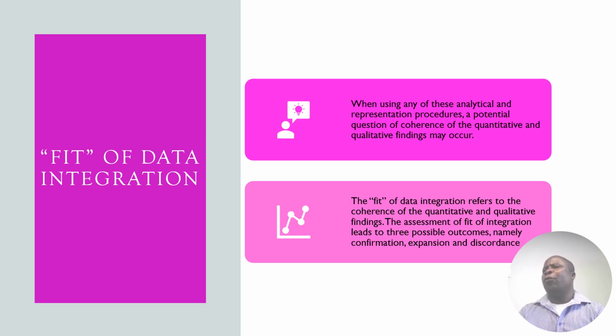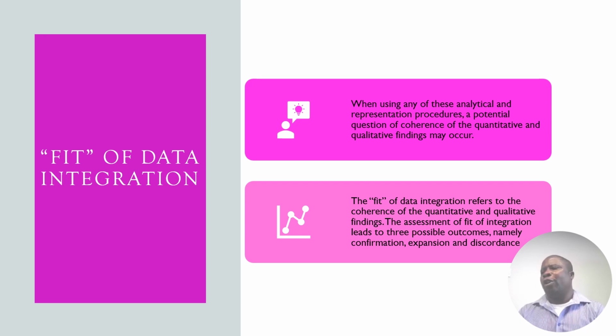So when we talk of fit of data integration, we refer to the coherence of quantitative and qualitative findings. In most cases, especially for students, you might discover that the data lacks coherence. So the assessment of fit, or coherence, leads to three possible outcomes.